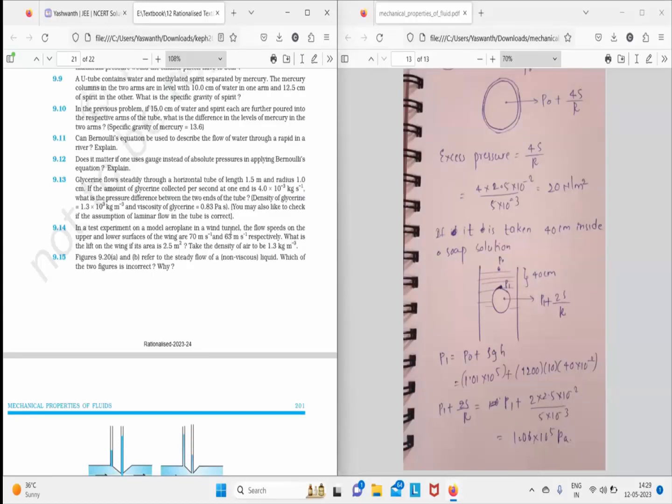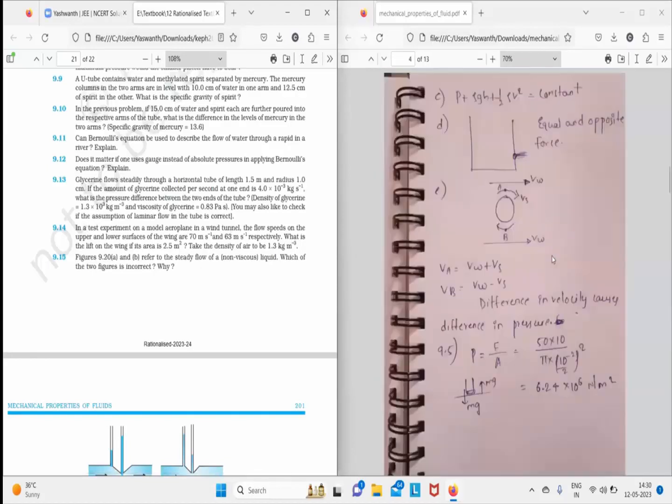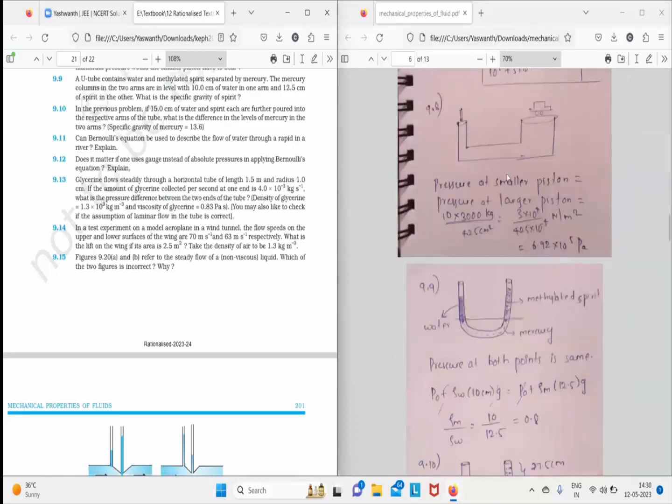So we came across several real life phenomena and some important principles like Bernoulli's principle, the equation of continuity, Torricelli's law, and the concept of excess pressure inside a soap bubble or drop. And we also learned the concept of the hydraulic machine, which we can see in the service centers of vehicles.